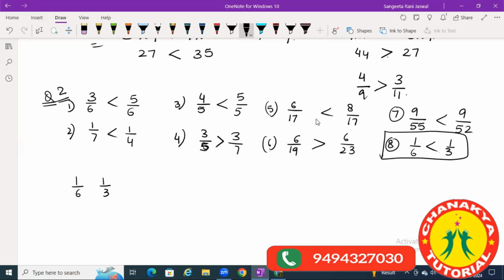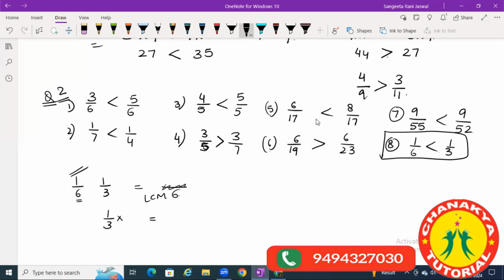Now we find the LCM of 6 and 3, which is 6. So the LCM of 6 and 3 will be 6, right? Yes. So the LCM is now 6. This fraction already has denominator 6, so we will not do anything to it. This will be kept as it is. Take the next fraction, this one.